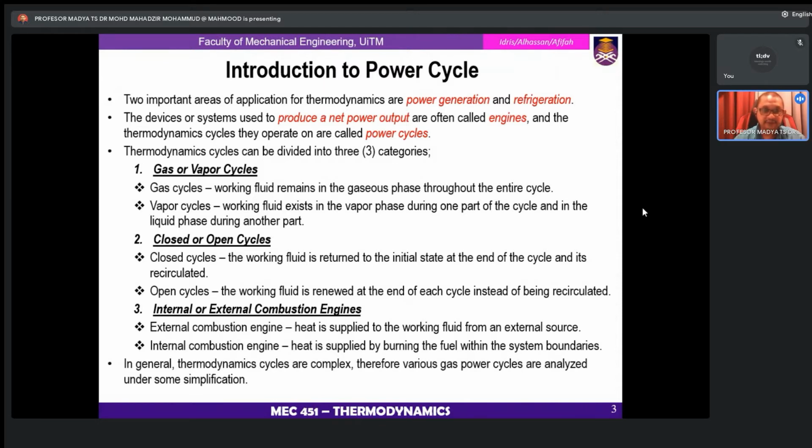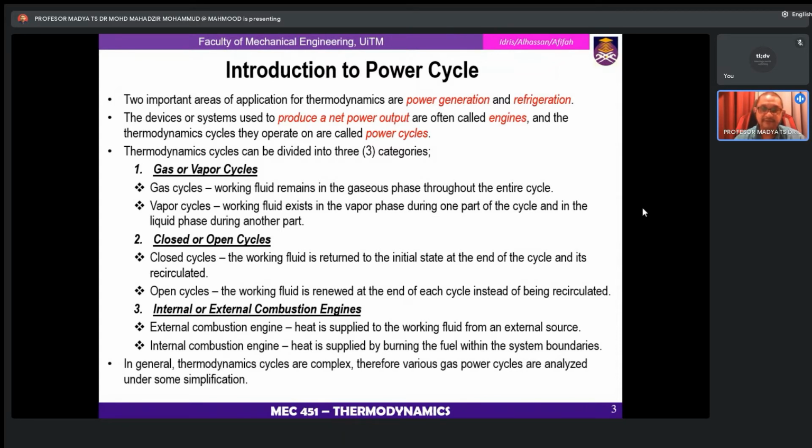And category number 3, internal and external combustion engines. For external combustion engines, what you have to know is that heat is supplied to the working fluid from an external source. And for an internal combustion engine, it means that heat is supplied by burning the fuel within the system boundaries.